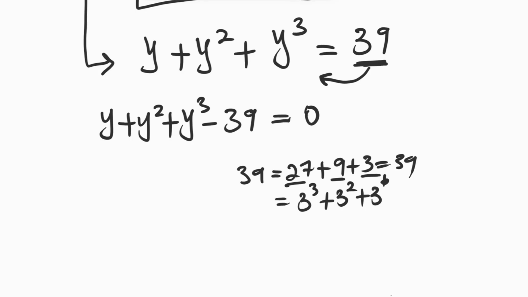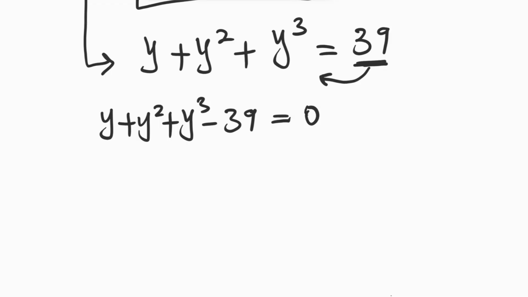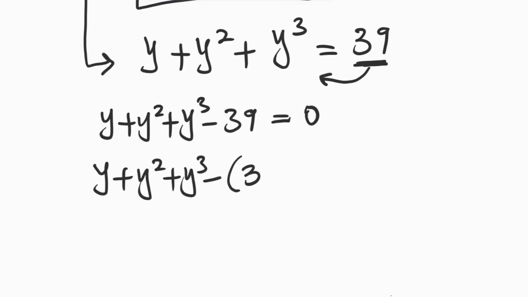Okay, so now we'll replace 39 with those numbers. So we have y plus y squared plus y cubed minus (3 raised to the power 3 plus 3 raised to the power 2 plus 3) equals 0.